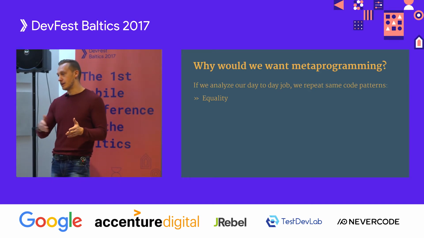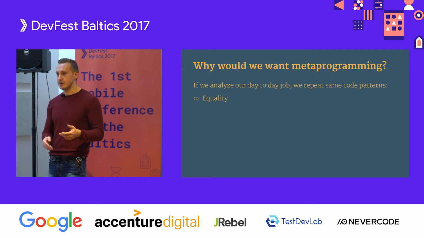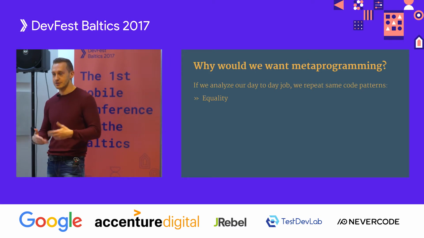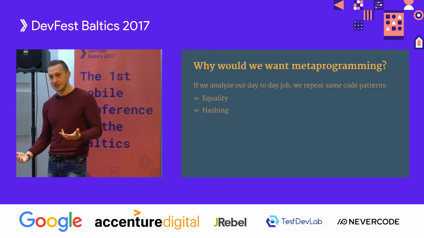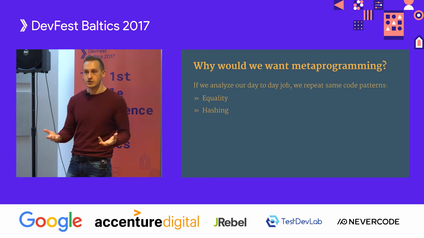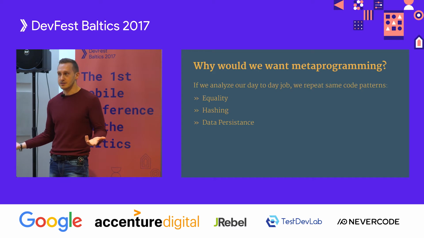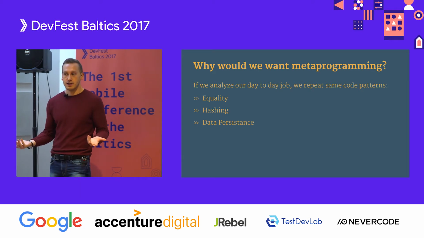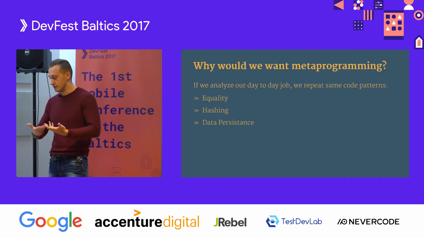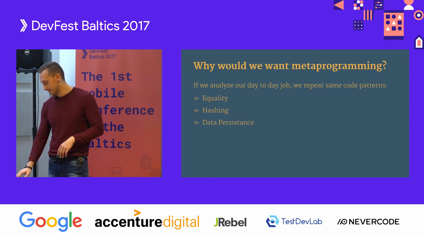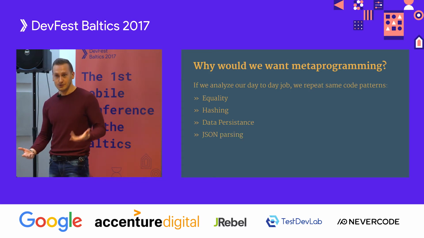I bet 95% of people had to write equality for their structures or models. They had to write hashing, because if you want to put something into a dictionary, it has to be hashable. You have to do some kind of data persistence, otherwise your app won't work offline, and that's a common request from the product. Or you have to consume data.